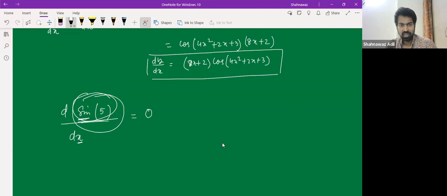How, sir? Because you need some function of x, right? So does this sine of 5 change with this x? No. It is not dependent upon this x. So this is a constant term. So I can write sine 5 as some constant number k, right?